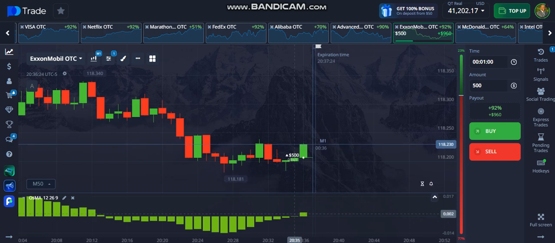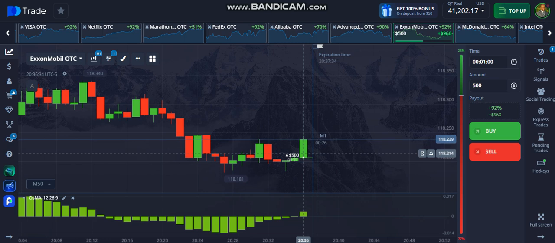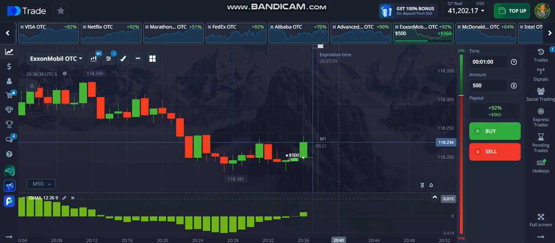Wait for the histogram to be right at that zero line. And the current candle has to close in the same direction. All right. So far, so good.